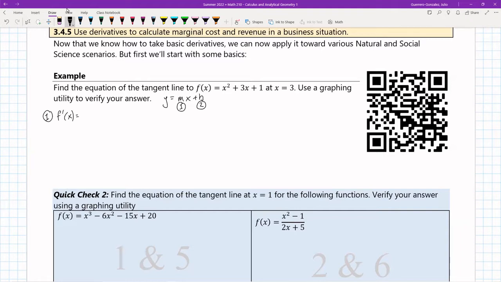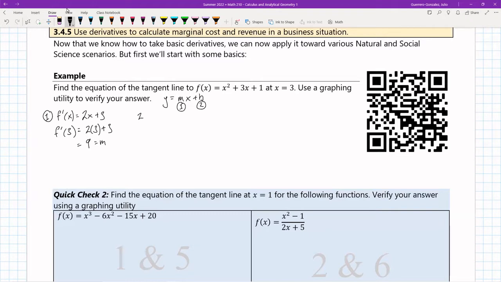That's always the very first step. The derivative here is 2x plus 3, and we need it at x equals 3. So we need f prime of 3, which is 2 times 3 plus 3, that's 6 plus 3, which is 9. That's going to be our m. Notice how quick this is now.